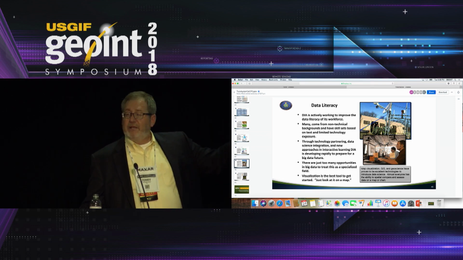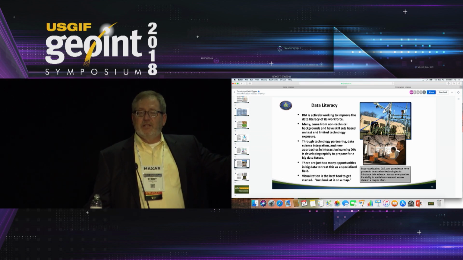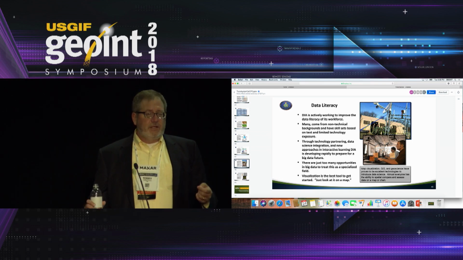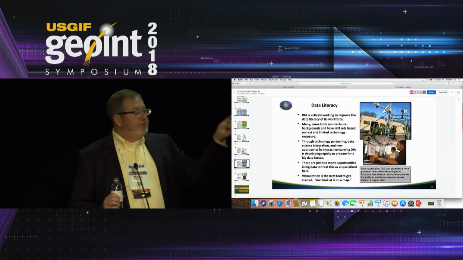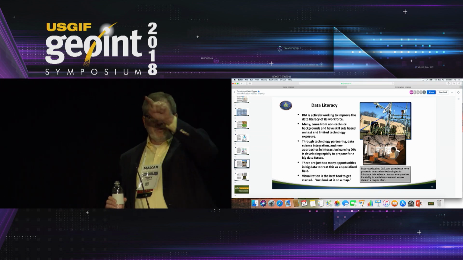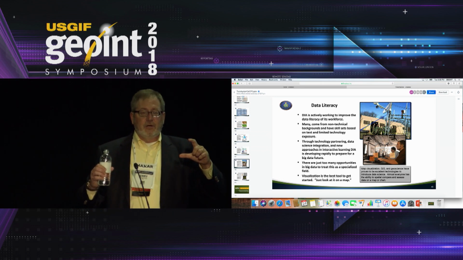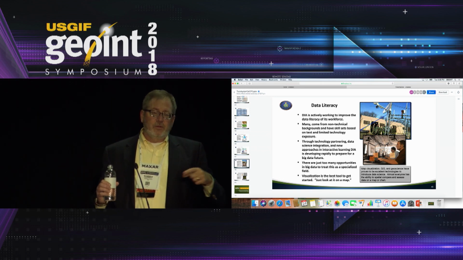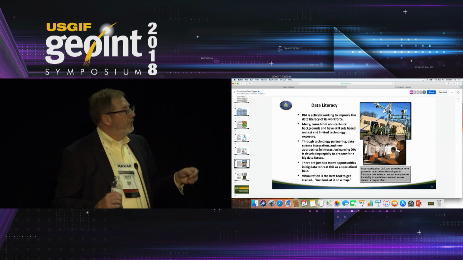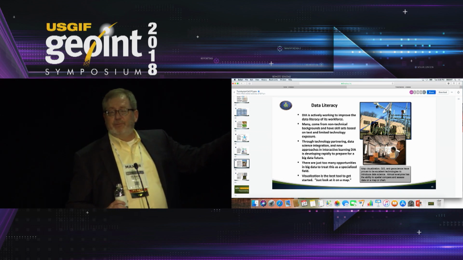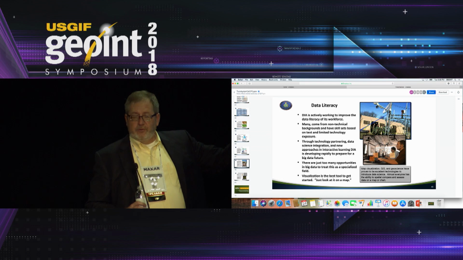So the key for me to data literacy is teaching that in a spatial context, because it is the best way to get comprehension about what you're looking at. If I'm looking at data blips on a histogram, or a pie chart, or a map, which one of those gives me more context to the data? The map, right? So part of data literacy for me is also geospatial.